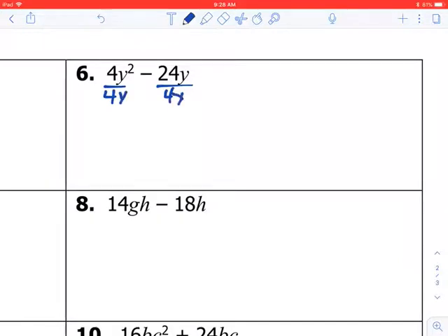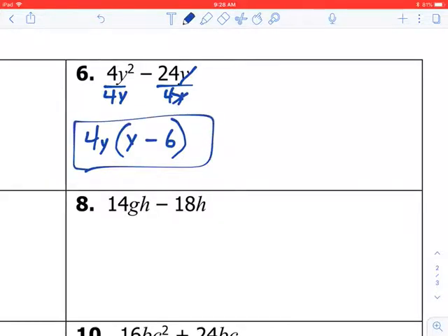So 4y is my GCF. And then let's divide. 4 divided by 4 is 1. Y squared and y, 2 minus 1 is 1. So y minus 24 divided by 4 is 6. Y divided by y cancels. And we're done.